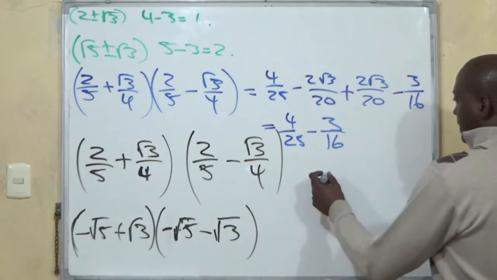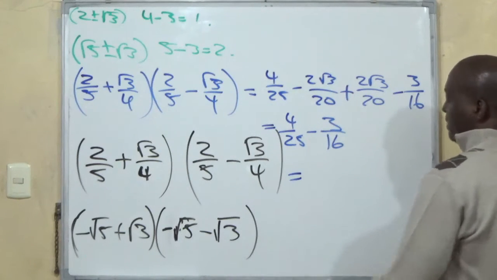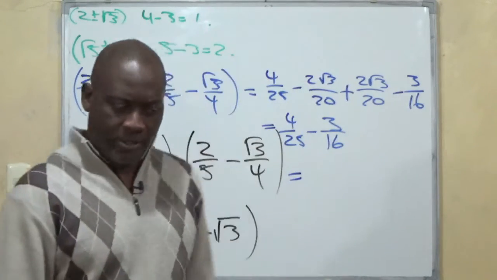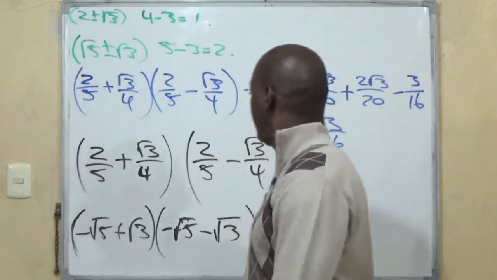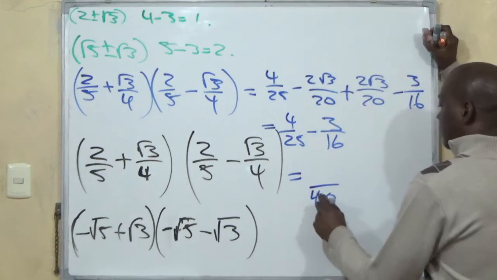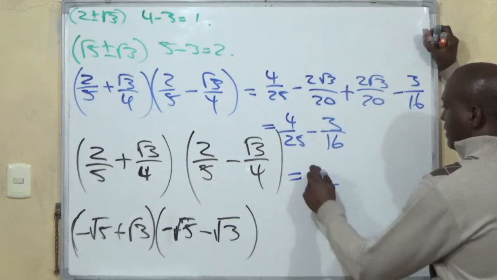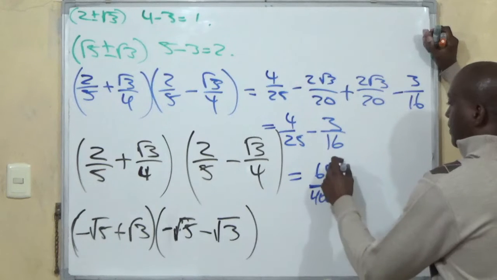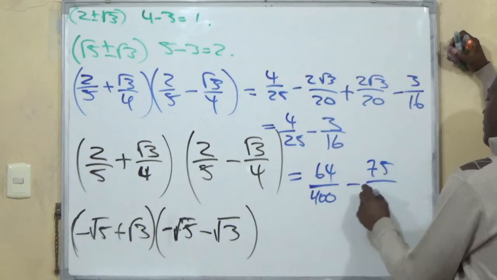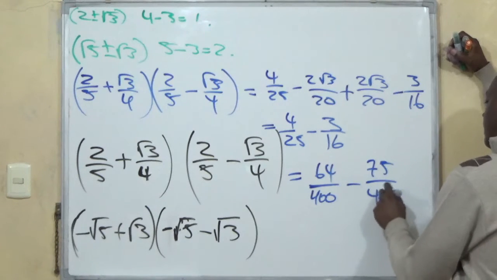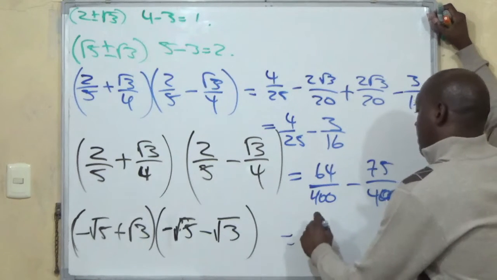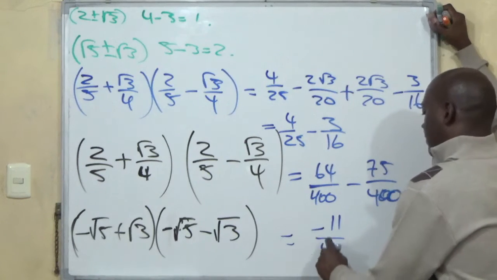That's equal to what? 25 by 16 is how much? 25 by 16 is 400. You'll get 4 by 16 is 64, and 3 by 25 is 75, over 400. Which will be minus 11 over 400.